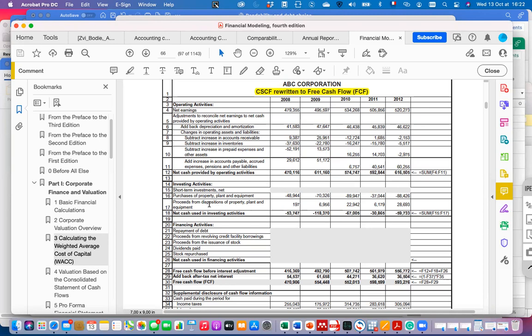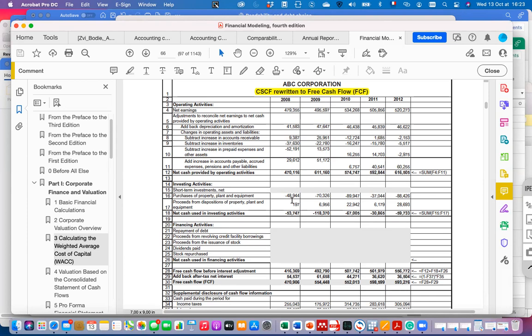For the short-term investments, we have deleted the ones related to short-term investment, because short-term investments are about buying marketable securities, so they are financial investments. We have shaded the cells for short-term investments with gray color, and we consider just the purchase and disposition of property, plant, and equipment.